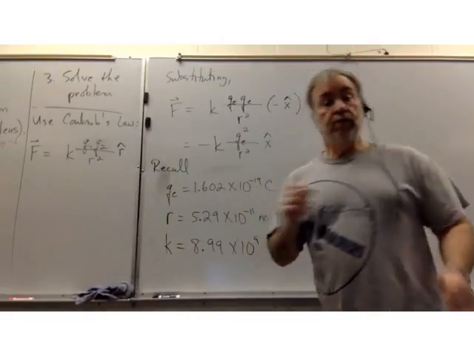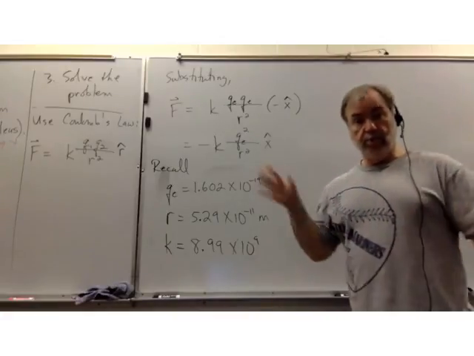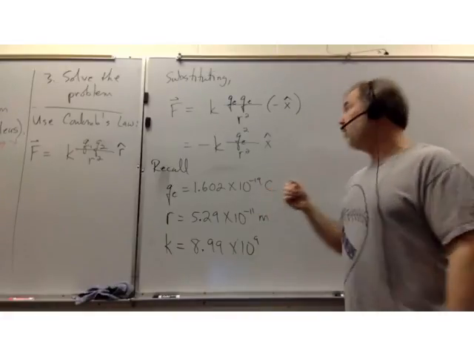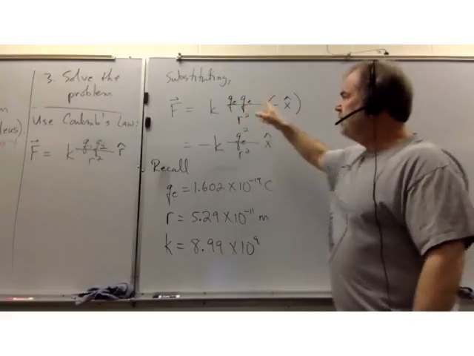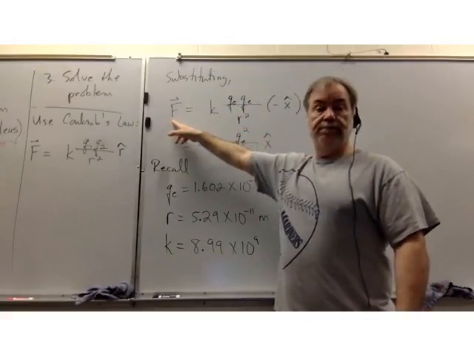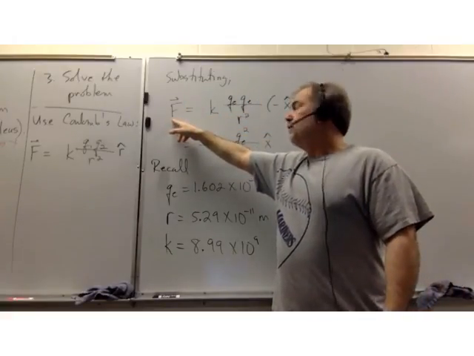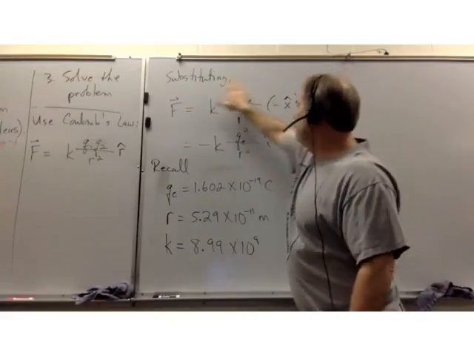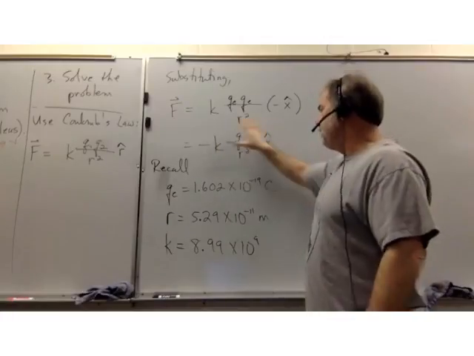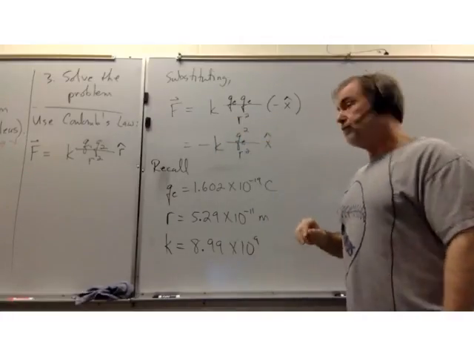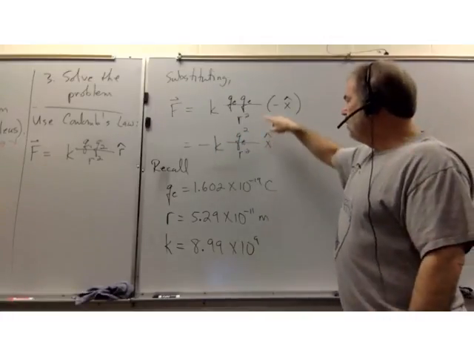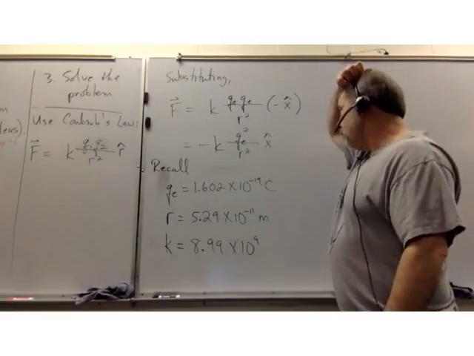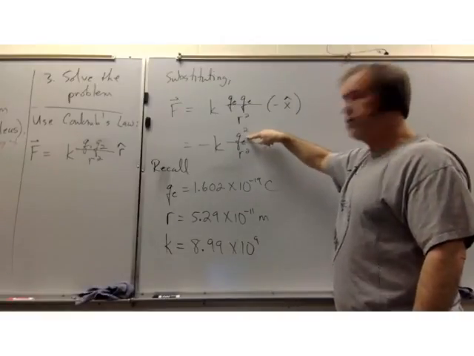I'm going to go ahead and do my thinking out loud, so you know how I'm working on this. Basically, the idea is I'm calculating a force. The force has units of newtons, so that means the collection of everything on the right-hand side must also have units of newtons. Well, in the numerator here, we have coulombs squared.